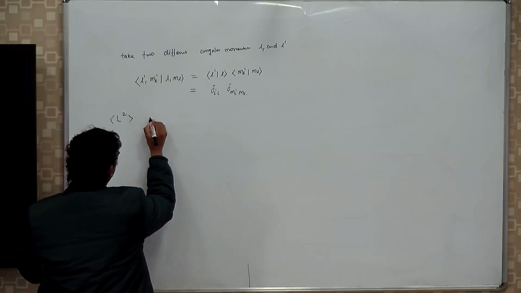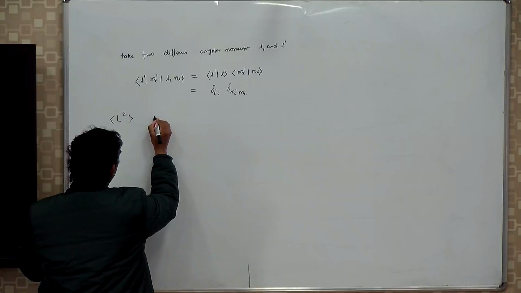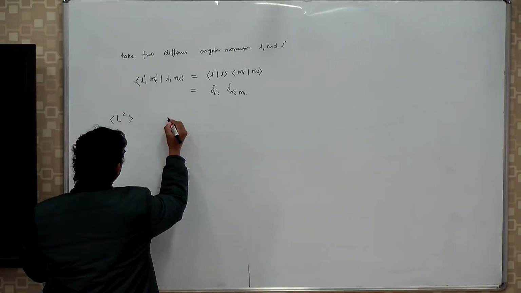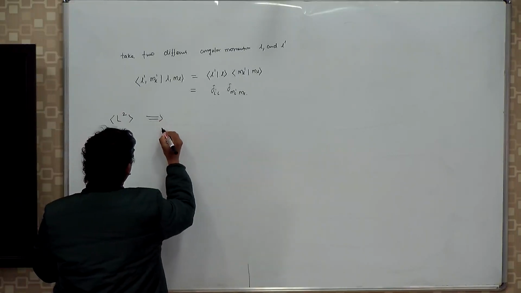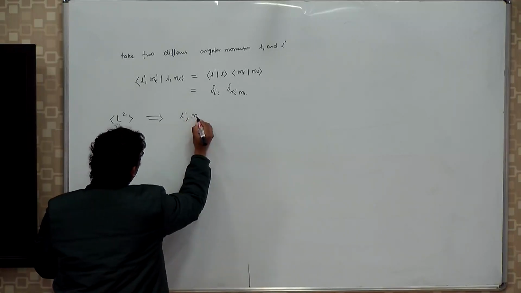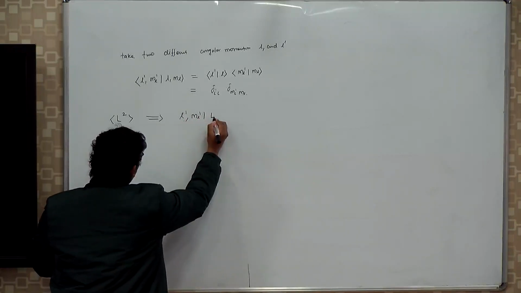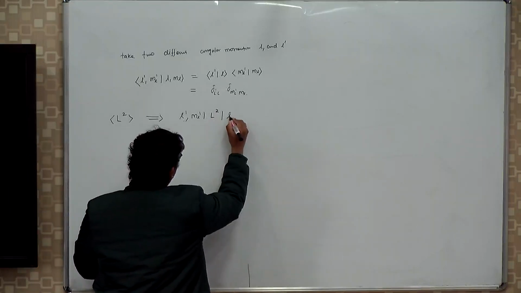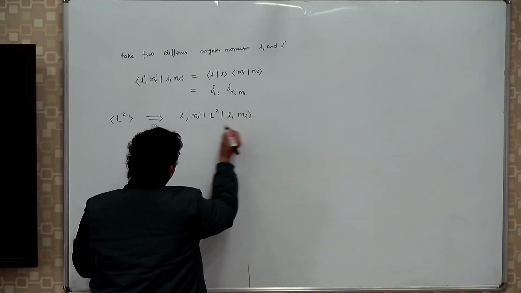Then by using the orthogonality condition, <L dash, mL dash | L squared | L, mL>.